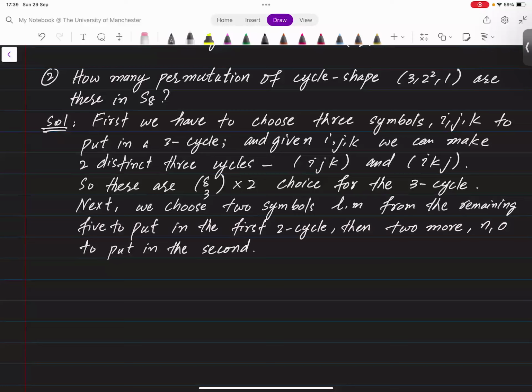This gives 5 choose 2 multiply 3 choose 2 choices.